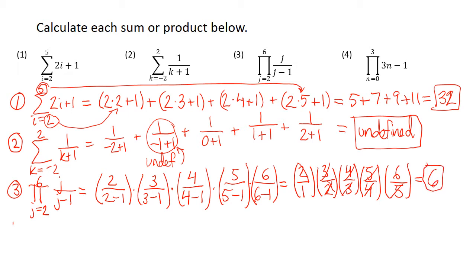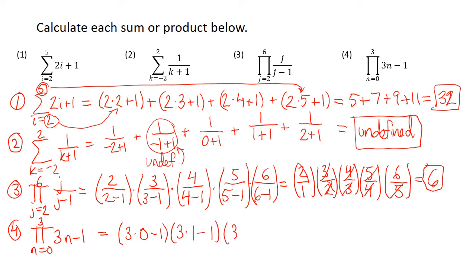Okay, and then the last one, number 4. So same way, just doing the product from n equals 0 to 3 of 3n minus 1. And so I'm going to plug in 0 first, so 3 times 0 minus 1, and then 3 times 1 minus 1, 3 times 2 minus 1, and then 3 times 3 minus 1.